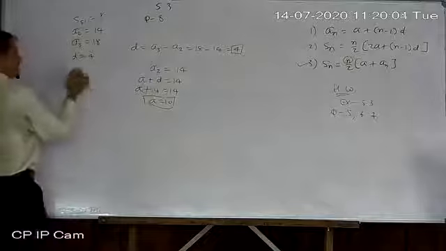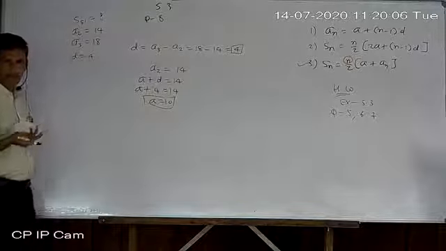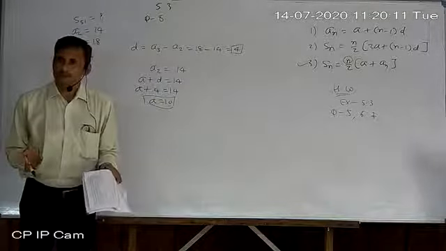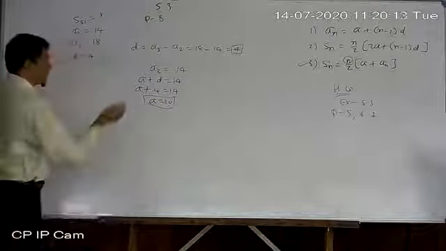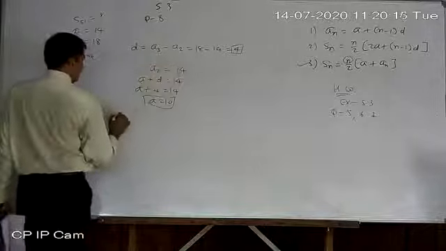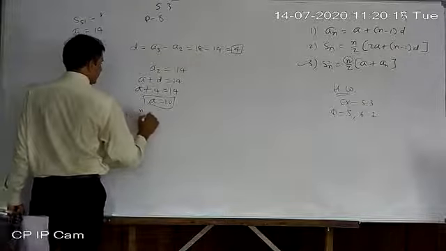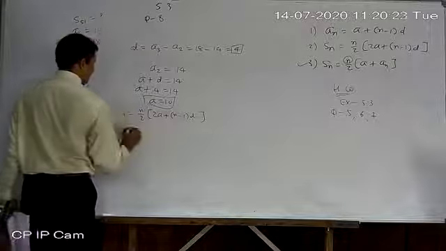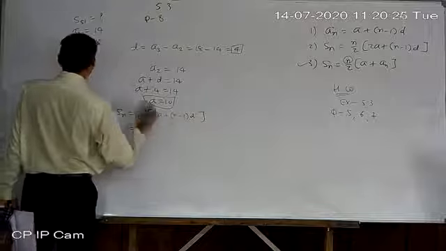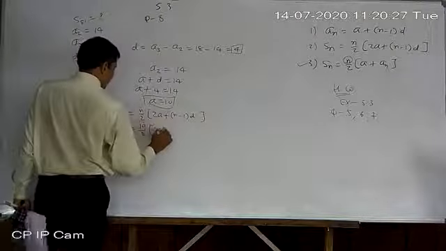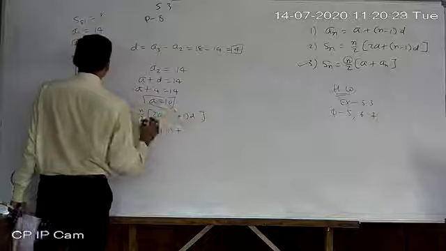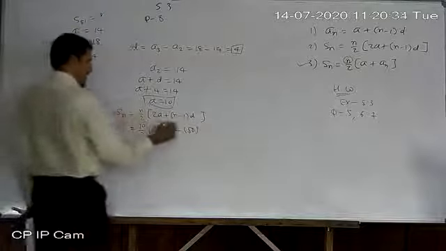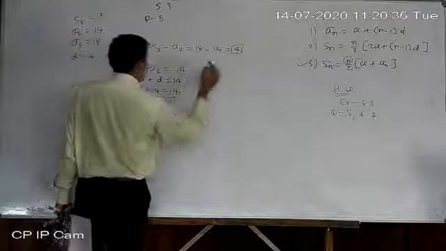Now after finding A and D, you can find Sn. If you have A and D both and n also, then what else do you require? Everything you are having. So now you use the second one, Sn equal to n by 2 into 2A plus n minus 1 D. So 51 by 2, 2A, we found A as 10, so 2 into 10 is 20, plus n minus 1, that is 50, D we found 4.